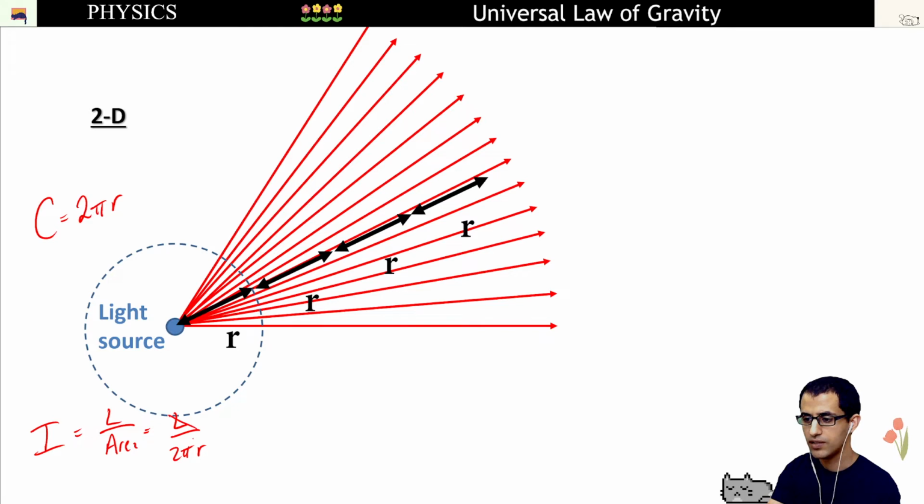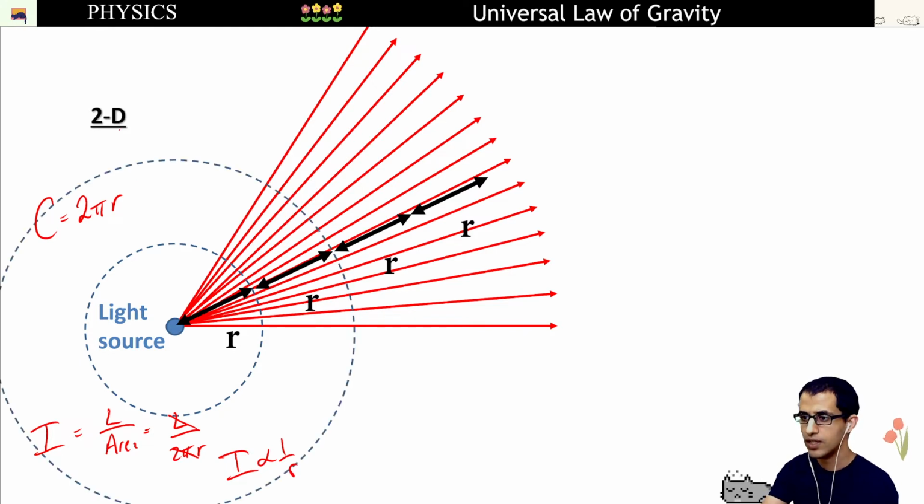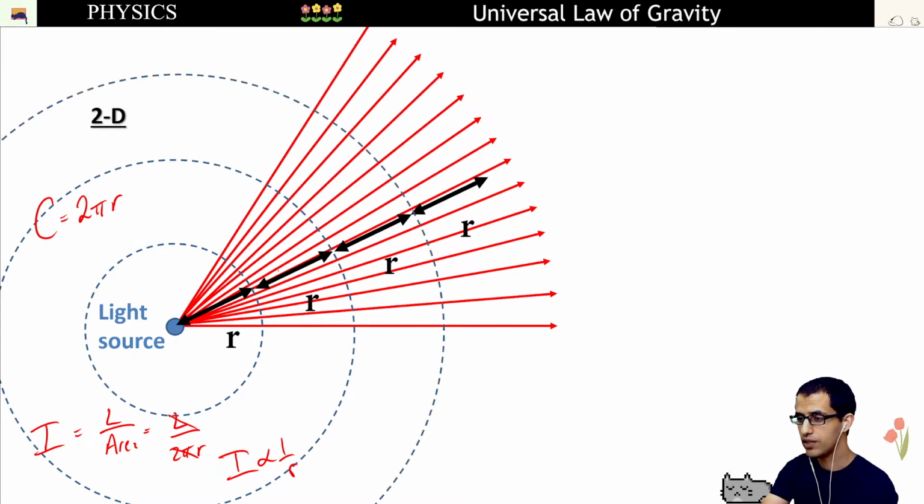Because the luminosity, the amount of light being emitted from the source, and 2 pi are constants, we can just say that the intensity of the light is proportional to 1 over r in this two-dimensional example. As I double the distance away from the light source, the circumference of the circle is doubling. If I triple the distance from the center, the circumference of the circle is now tripled, and then quadrupled and so on.